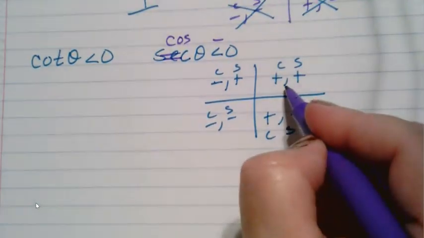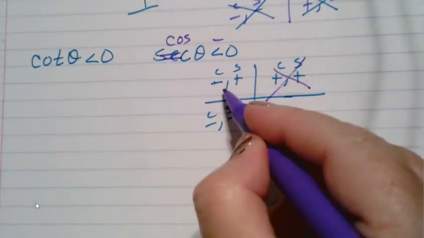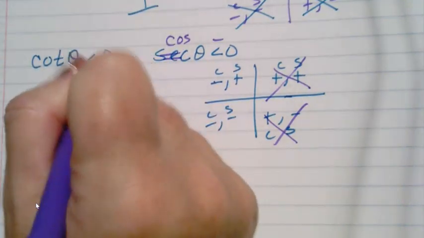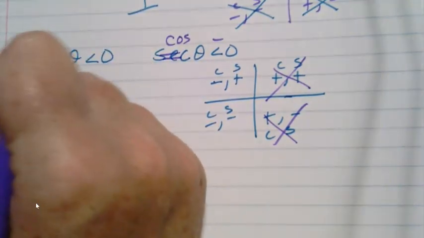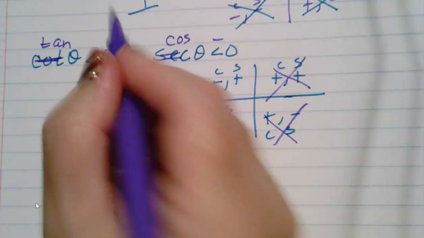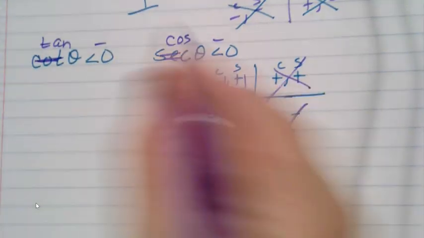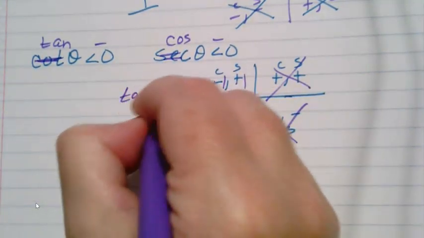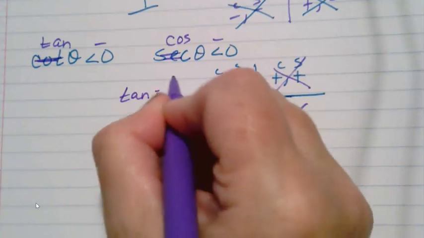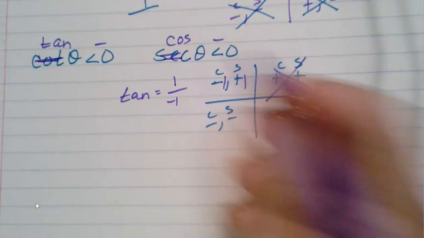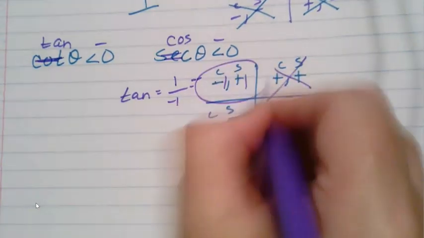Okay, and cosine is going to be negative. So not here, here, and here, but not here. Okay, here, cotangent, again, is just tangent. We just did a tangent, but this time we want negative. Okay, so treat these as 1s. So tangent is going to be 1 over negative 1, which is a negative. So here's my answer, 2.